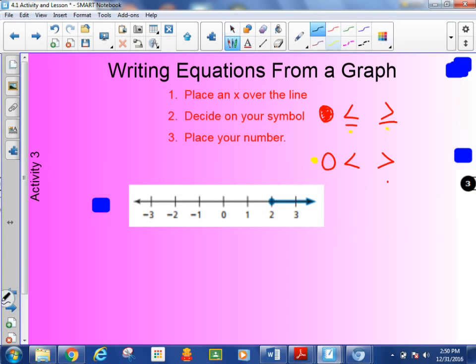Okay, so this time we'll use the letter N. So I have N, and the number we're marked on is 2. And it's a filled in circle, so I'm going to pick one of these two up here. And N is to the right, so it's the bigger number. So it's getting eaten, and I need the line underneath because it's colored in. So N is greater than or equal to 2.